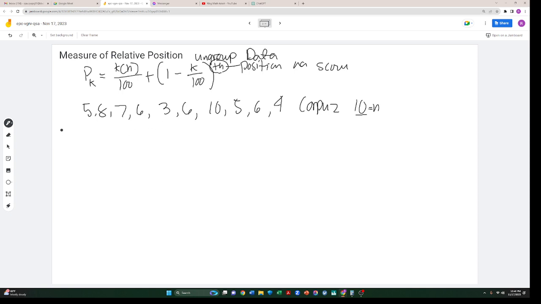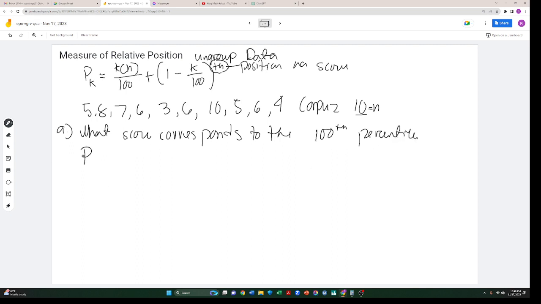So, the question is, what score corresponds to the 100th percentile?